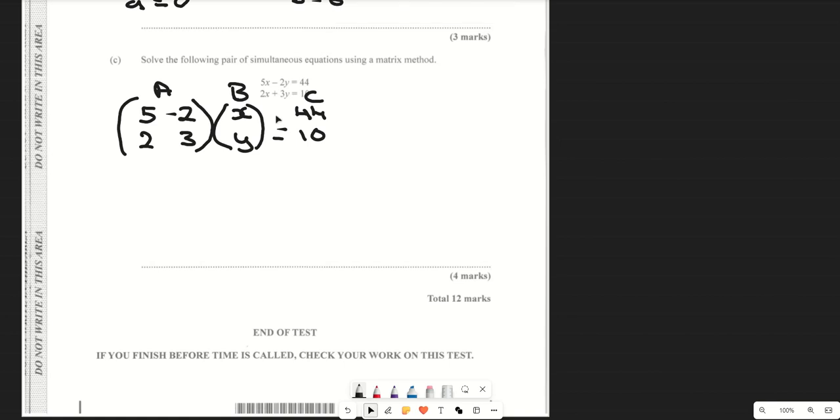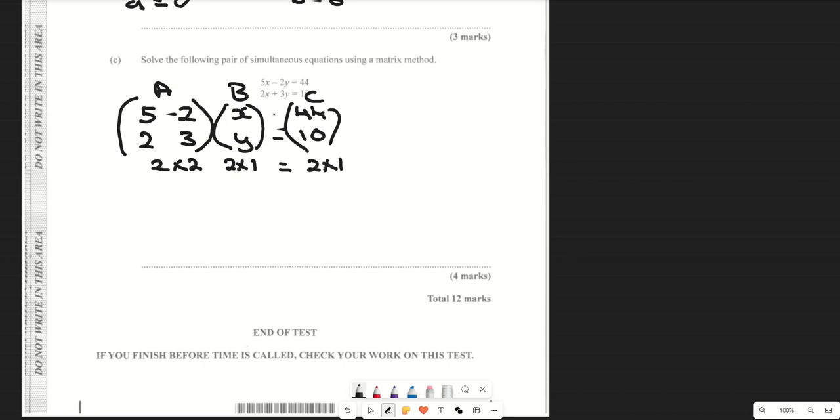First off, we need to see if this is compatible to multiplication, right? So we find the order of A, which is 2 by 2, 2 rows by 2 columns. B is 2 rows by 1 column, and C is also 2 rows by 1 column.